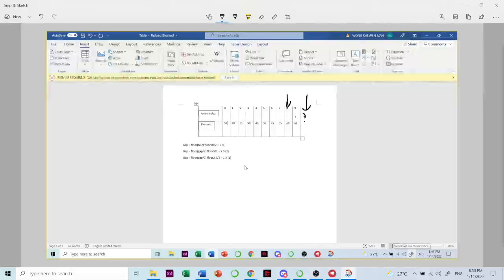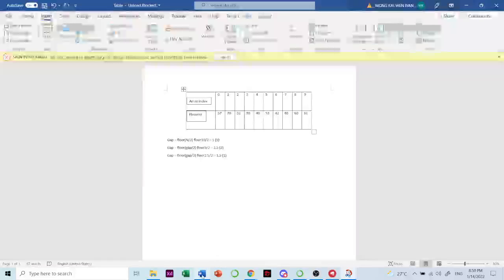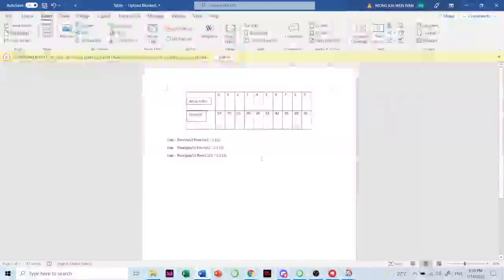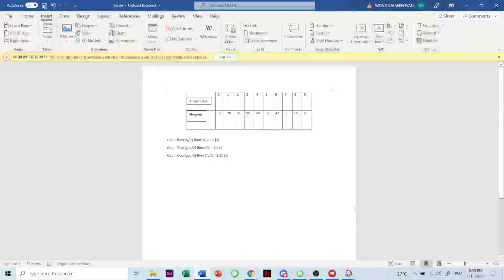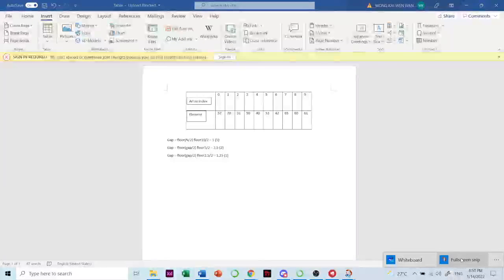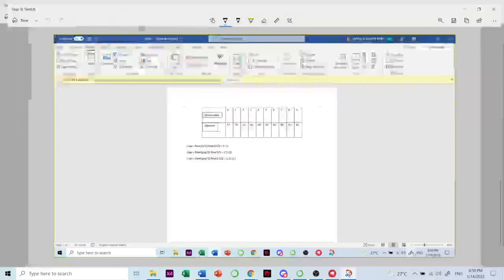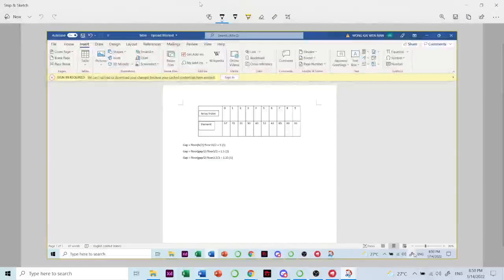But no, it's not 1.5 because 2.5 divided by 2 is 1.25. Sorry that I made this mistake, but it's not a big deal because you still have to round it off to the nearest integer. So the nearest integer is 1.